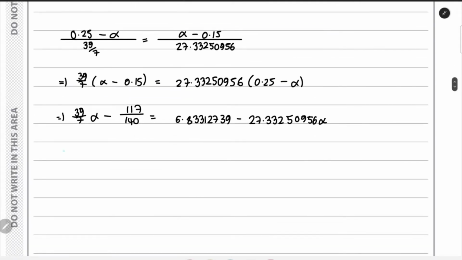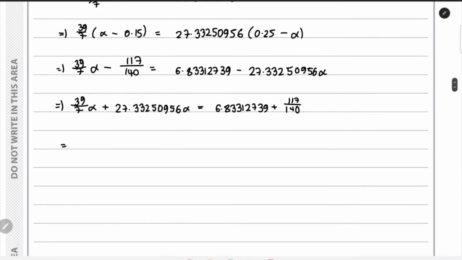Now I can find out alpha by simple rearrangement. I'll bring it to the left. So I'll have 39 by 7 alpha plus 27.33250956 alpha equals 6.83312739 plus 117 by 140.